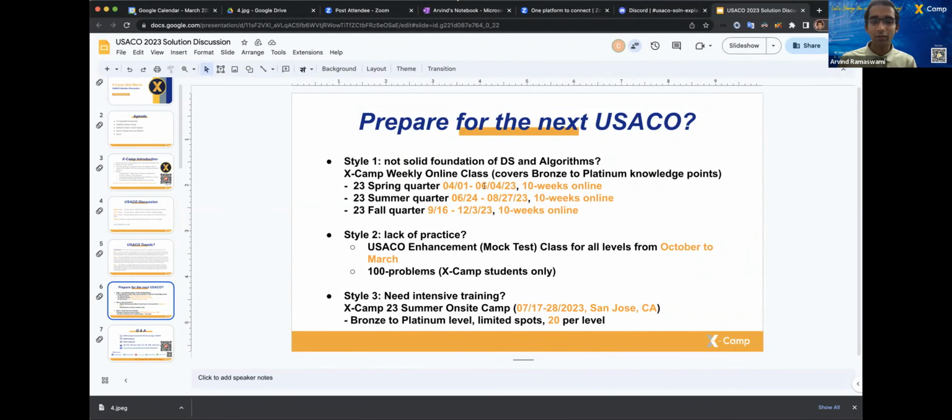This quarter system is meant to give you a foundation of different topics. I'm teaching the 601 class, which is a foundation for topics at the gold level. We've done things like linear data structures and math fundamentals, and we're going into more advanced data structures next quarter.